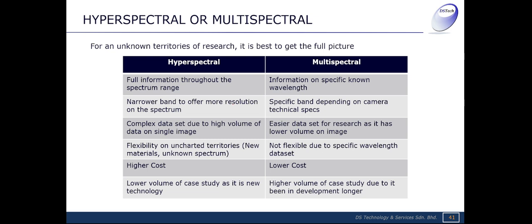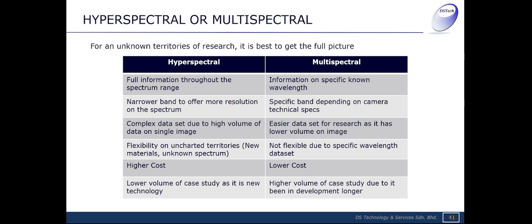Generally this thing is quite new, and the case studies are very few, given that not many people are actually using it. So a typical example will be very hard to get. For example, if you're working with, say, pineapple, how many people in the world are actually studying pineapple using hyperspectral? So this is a bit of an issue that hyperspectral came with.